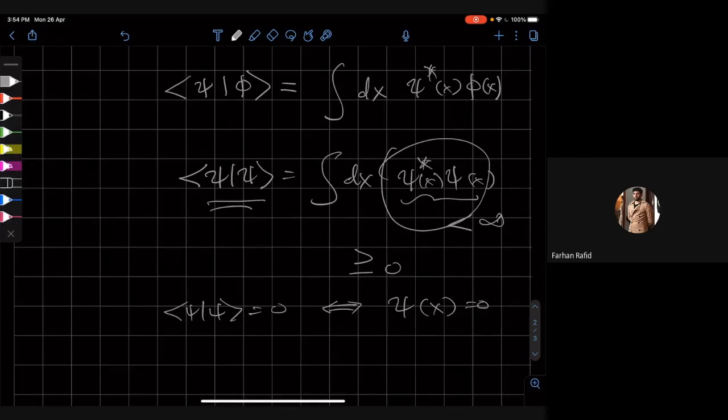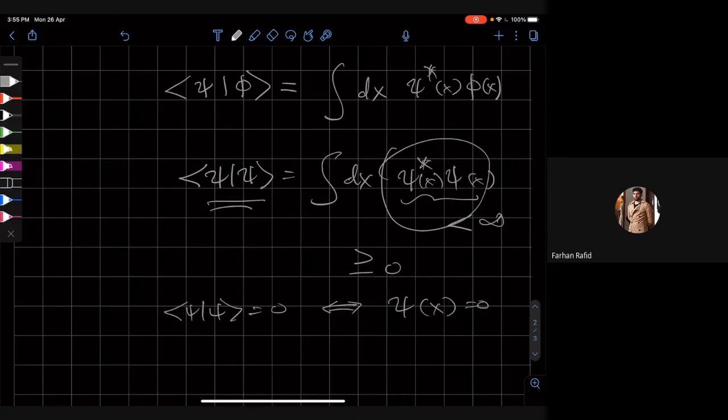Okay? Yes, sir. Sir, you also mentioned a point that if two vectors have different constants multiplied, they generally represent the same physical state. Right. That's an interpretation of the Hilbert space in terms of physics. I don't think the definition of a Hilbert space has that restriction.